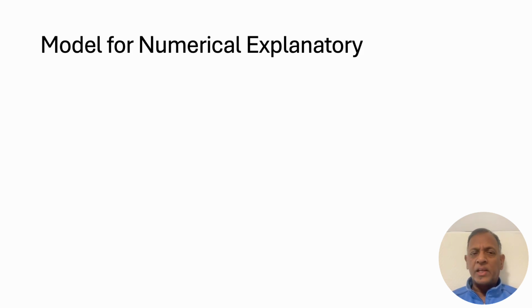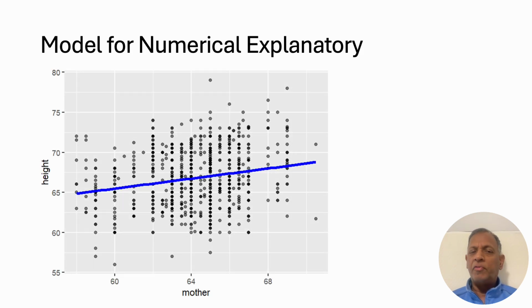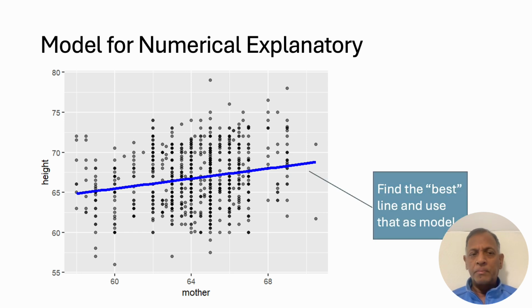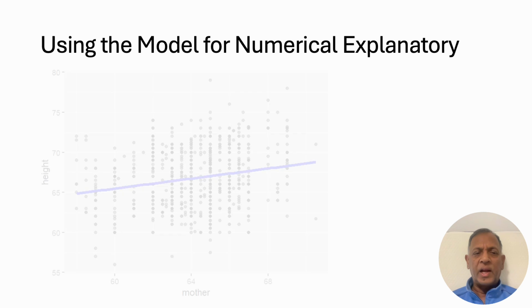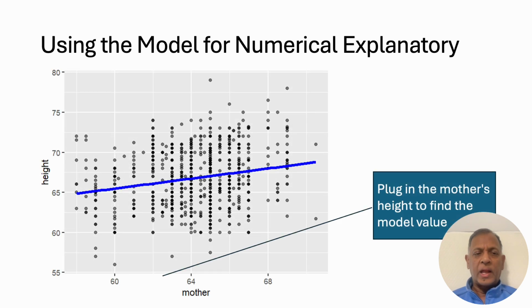In this case, we find the model as a line, the best line that goes through these points, the line that is closest to these points. Once we have that, we can use that line to determine the model value. Suppose mother's height is the explanatory variable and the child's height is the response variable.